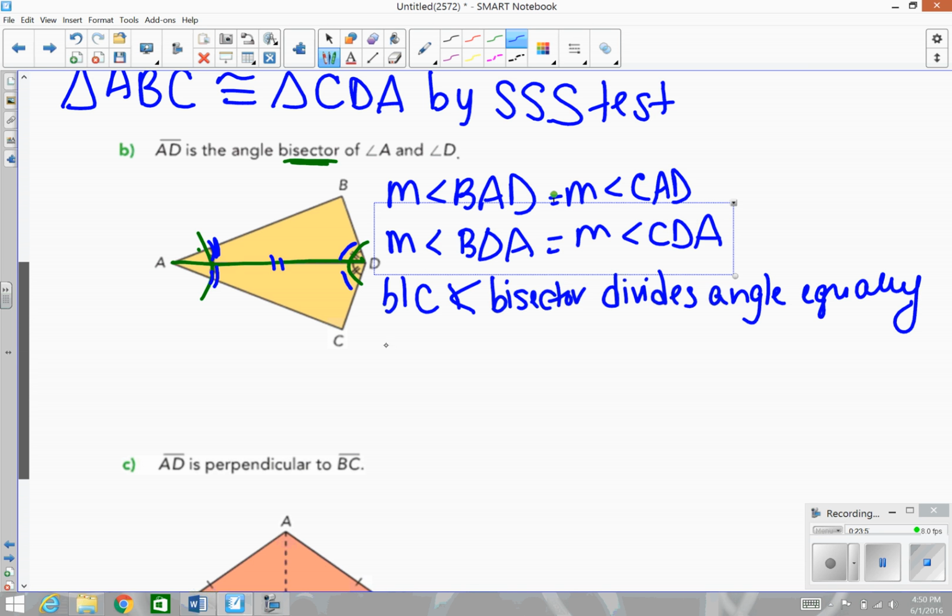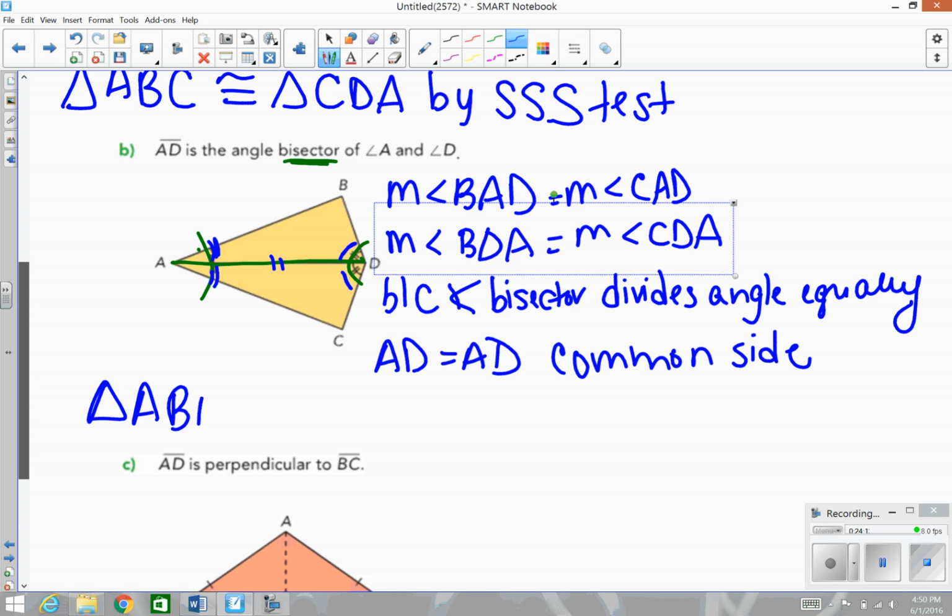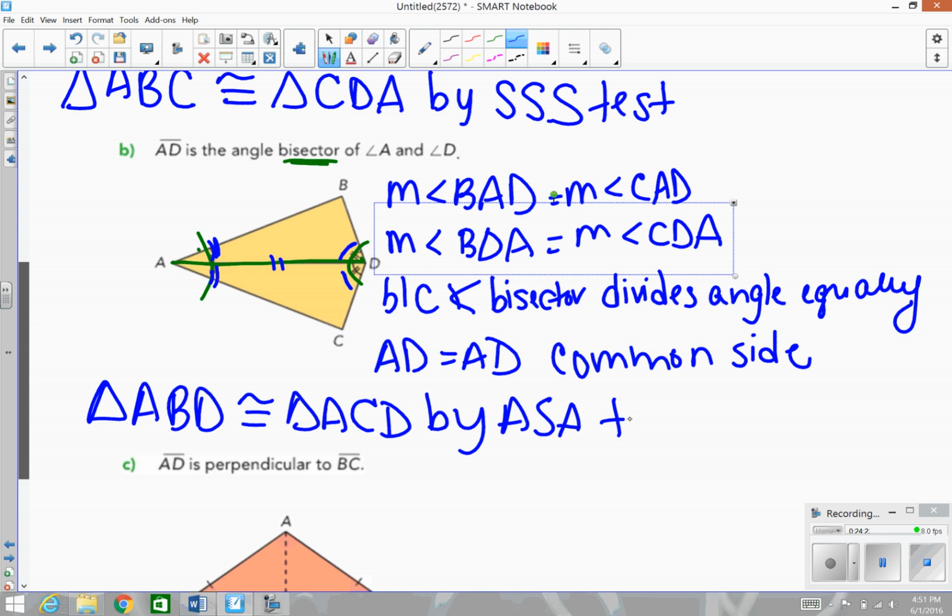And then just like before, we can say that AD equals AD because it's a common side. Therefore, we can say triangle ABD is congruent to triangle ACB by angle, side, angle test.